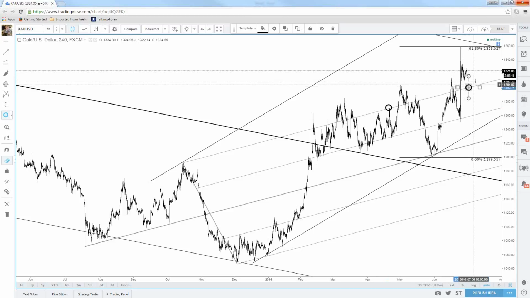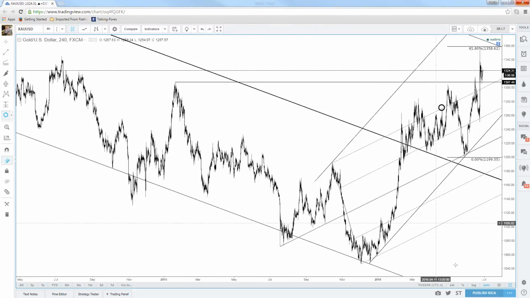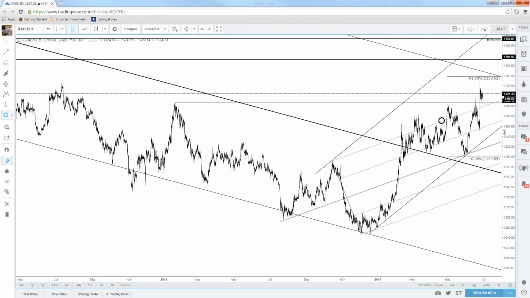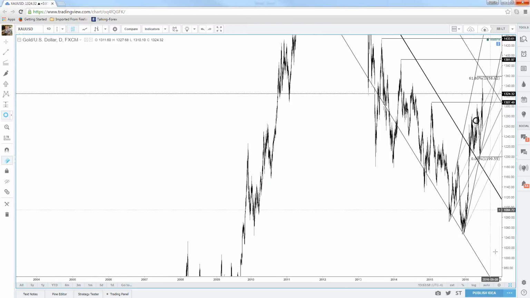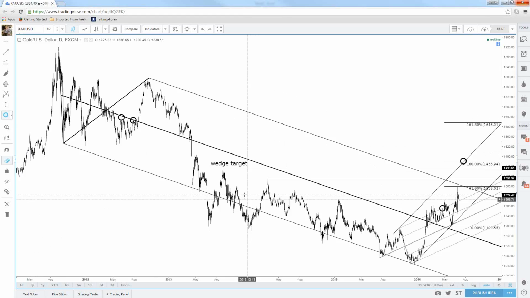1300 would be an area where you could find a low before you go to new highs in gold. Now, I don't know that new highs in gold actually get a strong advance off that because you have the trend line here all the way from the 2012, 2011 highs.